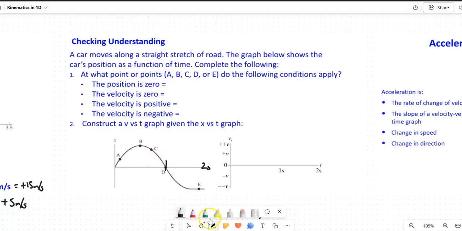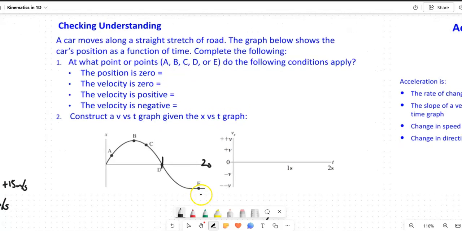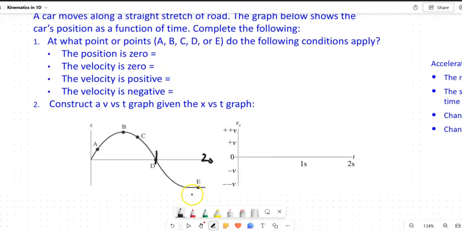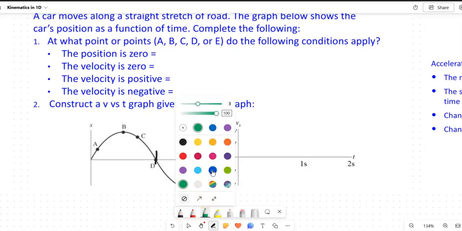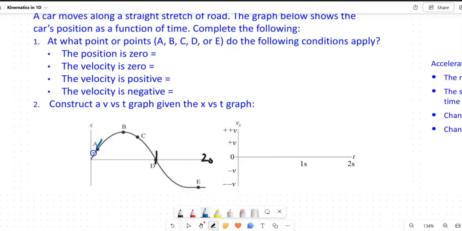Okay, coming back from this, let's identify the slopes at each one of these. So it looks like this slope, which I'm going to use blue, is very positive, right? So that would be something like a positive slope. So a very steep slope. Here, the tangent line to this is 0.